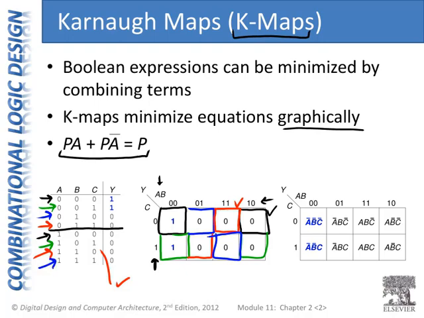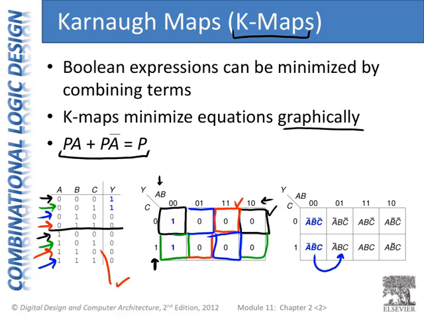So let's take a look at the minterms associated with these rows. 0, 0, 0, that minterm is A bar, B bar, C bar. 0, 0, 1, A bar, B bar, C. 0, 1, 0, A bar, B, C bar, and so forth. And you can notice that these minterms in neighboring boxes differ by a single literal.